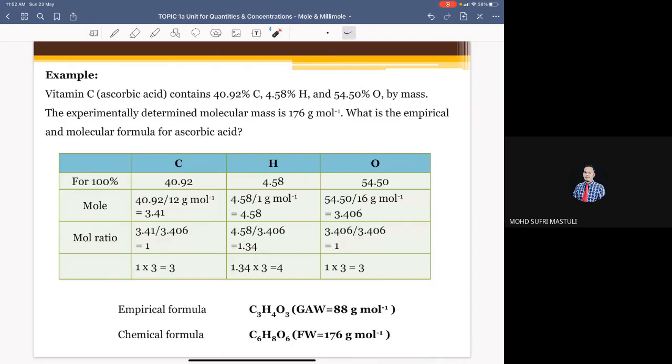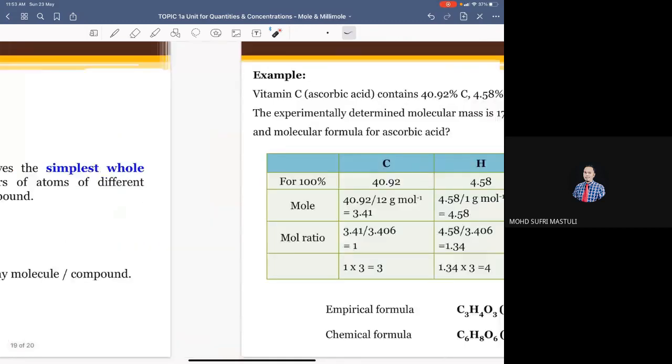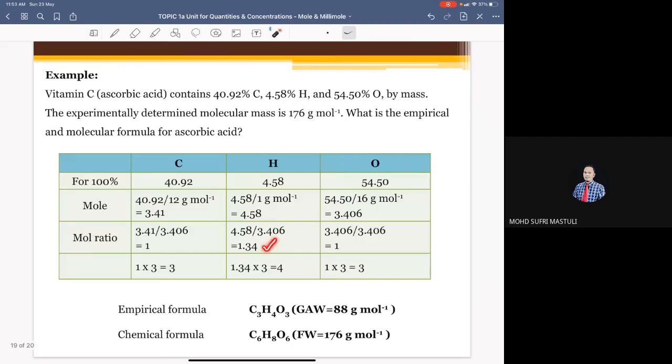But you cannot stop here, because the empirical formula is the simplest whole number ratio, meaning it should not have decimal points. So now that we have a decimal point, we have to do something. We have to make the decimal into a whole number.